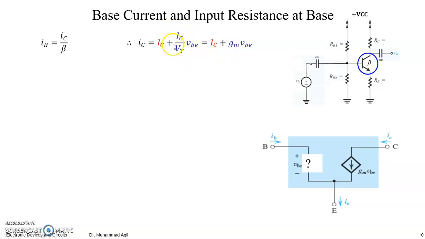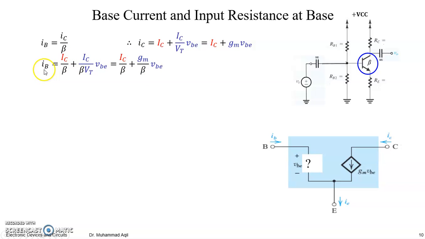And we have named IC by VT, a constant value for a particular Q point, as gm, right? So how about IB? We know it is IC by beta, so we can divide this relation as well. So if we divide this relation, we have this value, or this one is the same, right? IC by VT is gm. You can have this value or this value, right?